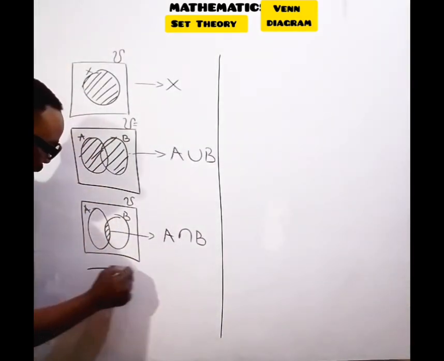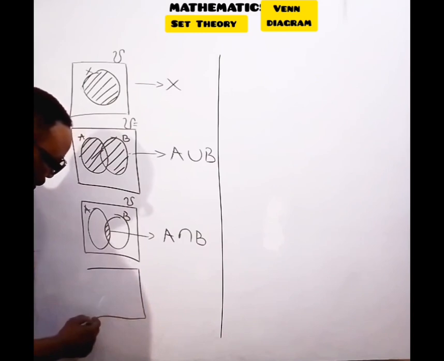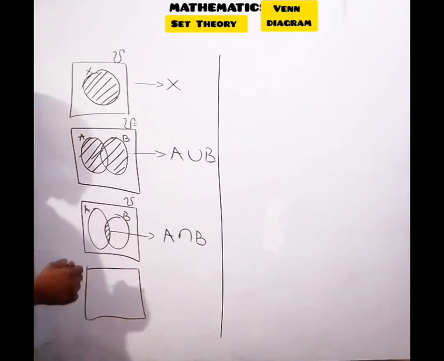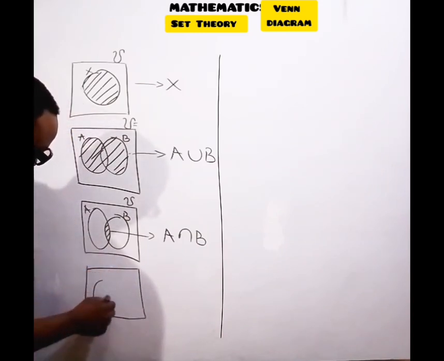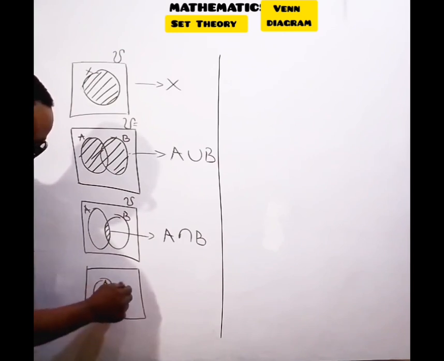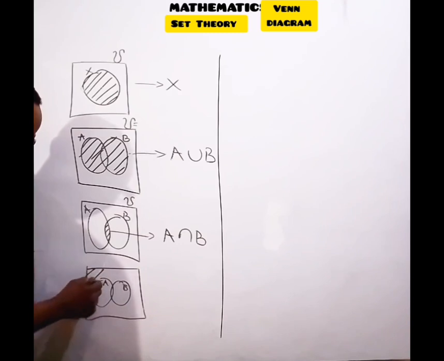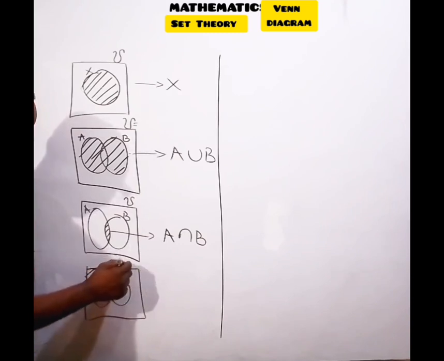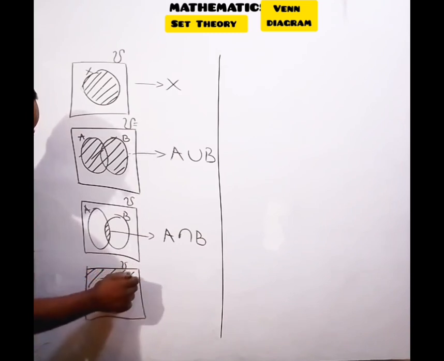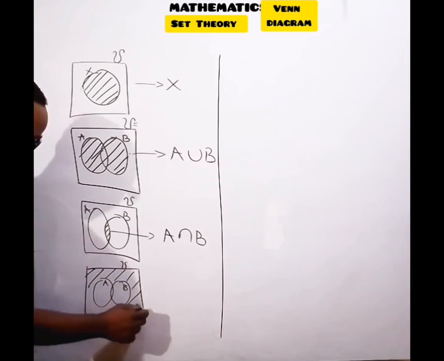If I have a diagram of this nature, we have this is set A, this is set B as well, and I have this outside part here. Don't forget we have the universal set outside here. This outside part here is shaded.